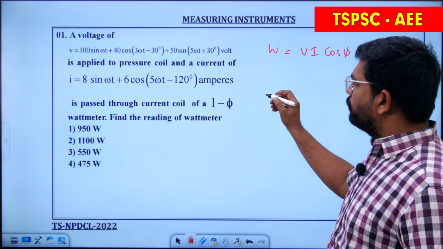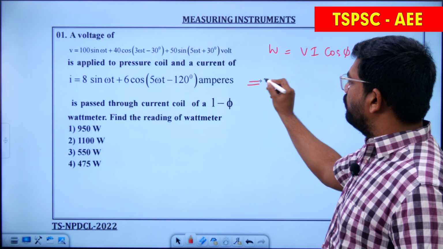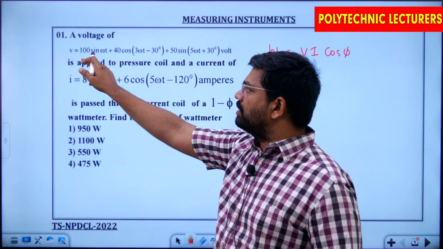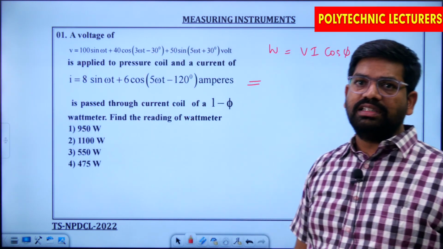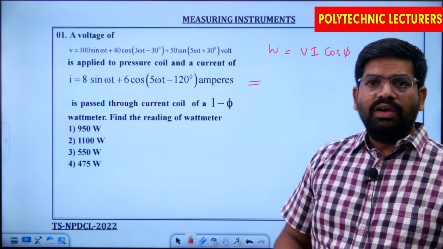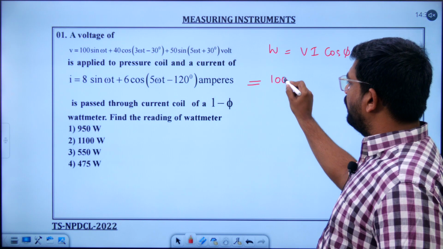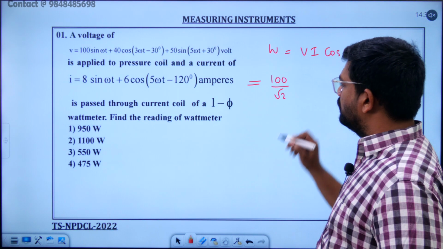Now let us see how it will read. Look at the fundamental component. It is given in the form 100 sin omega t, which is an instantaneous expression. When you write the RMS value, how do we write it? 100 by root 2, right or not?